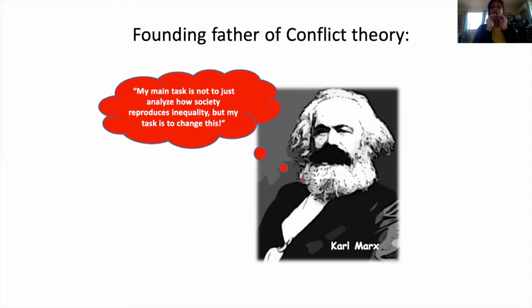So there's an unequal distribution, and this is the root of conflict. That's where the name conflict theory comes from. And what conflict theorists want to do is shed light on both visible, but also mostly hidden, structures of inequality.